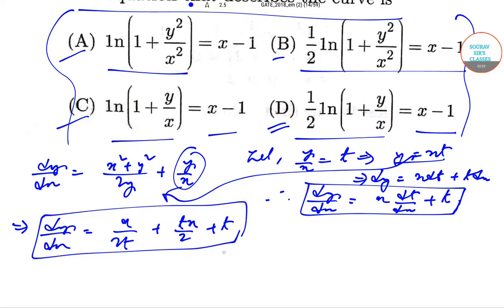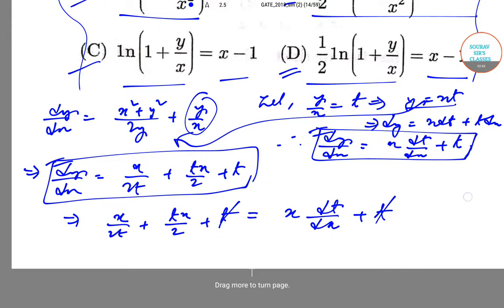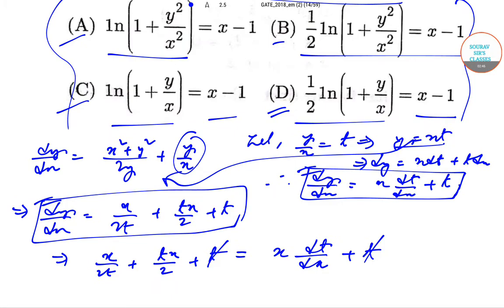So now we equate this and this. So x by 2t plus tx by 2 plus t is equal to x dt by dx plus t. This t and this t cancel out, and as you can see all the x will also cancel out. Let me insert a new page over here.